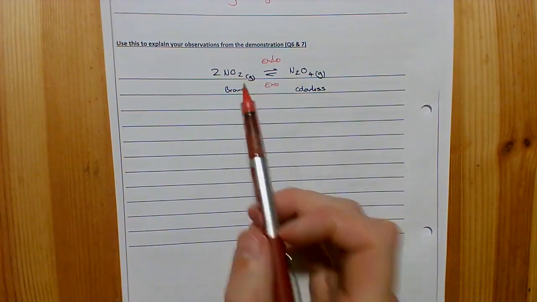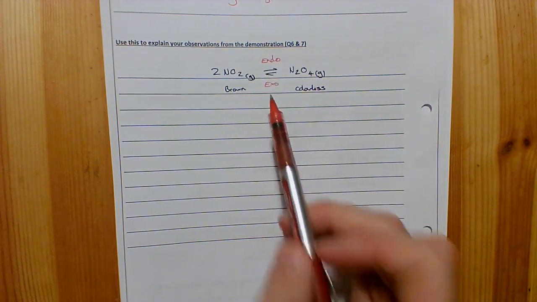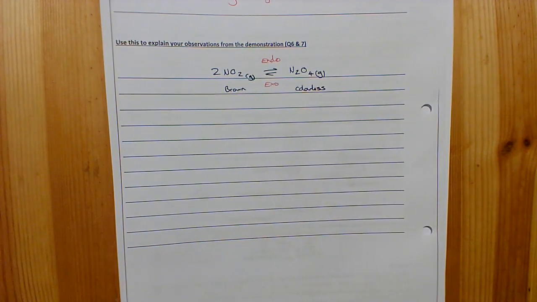Now, as soon as you have a balanced equation and you know which one's endo and which one's exo, you now have all the information you could possibly need to predict the effect of changing any conditions. You could predict the effect of changing pressure, the effect of changing temperature, the effect of changing concentration.